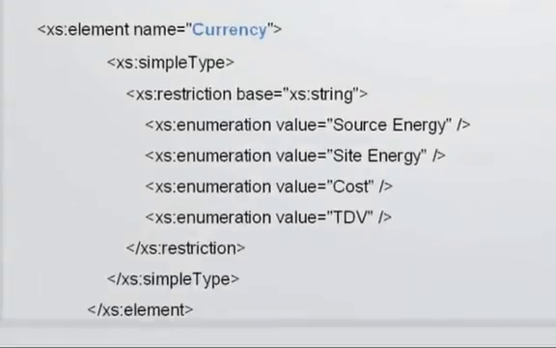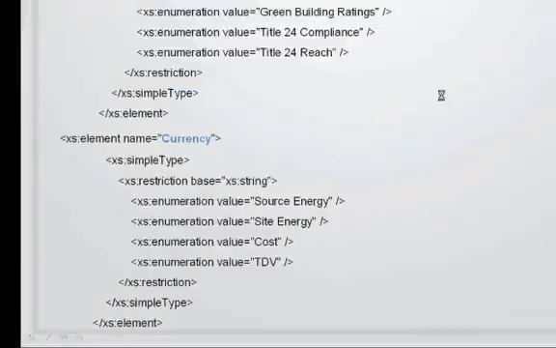And then for currency, as I mentioned, we have source energy, site energy, cost, energy cost, and TDV. So those are ways to restrict the data so that not just any arbitrary value can be entered.